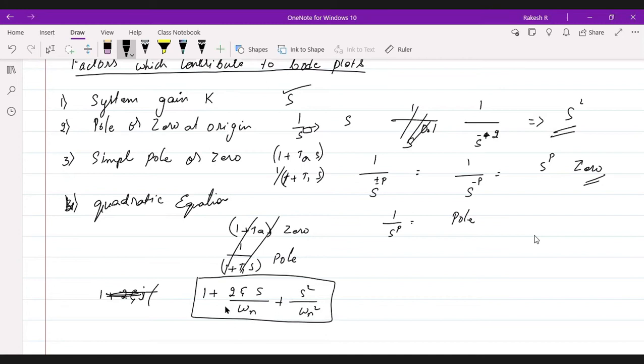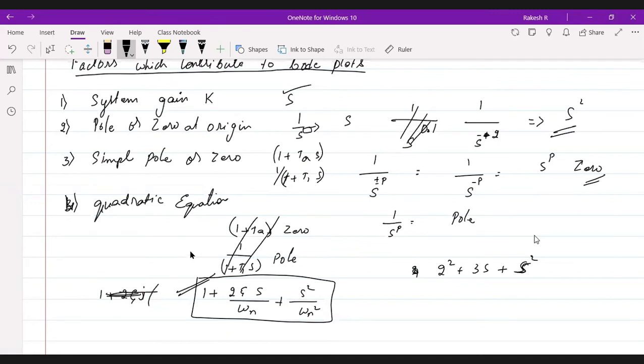Like you will be having s square plus 3s plus 5. You need to convert the given equation into this quadratic form. I'll explain in detail with respect to the quadratic equation in the next part.